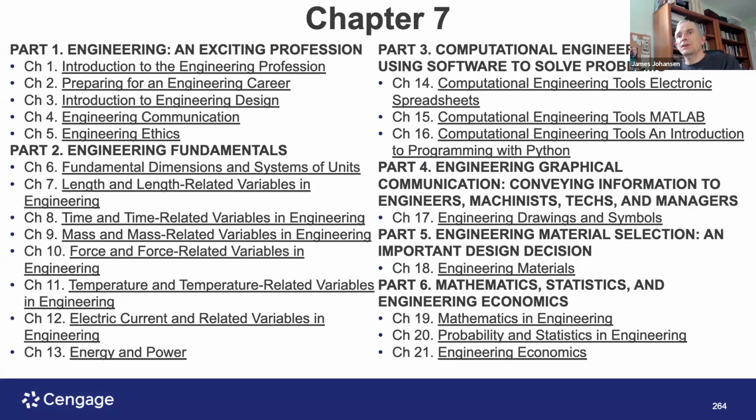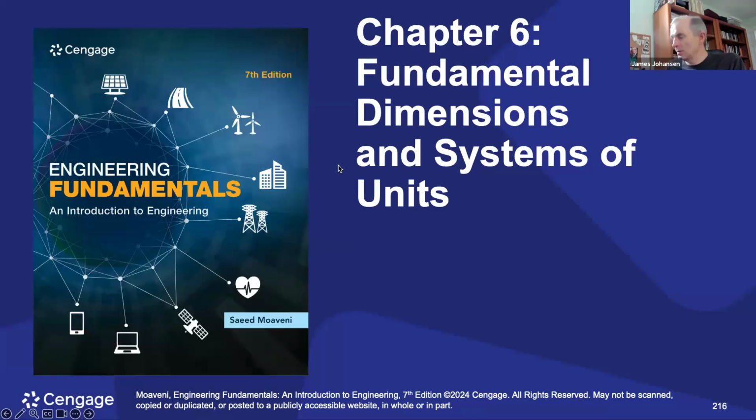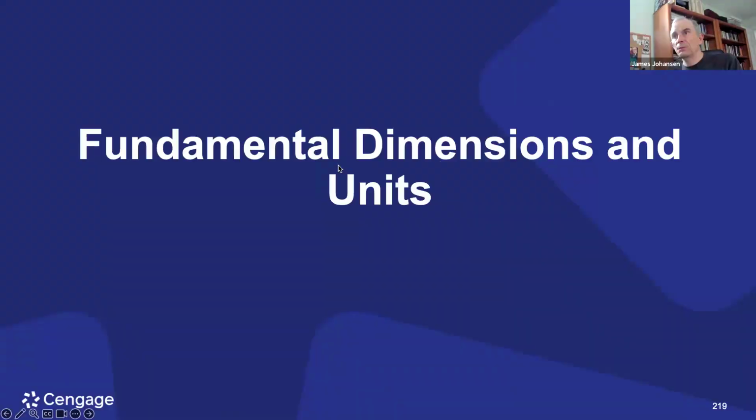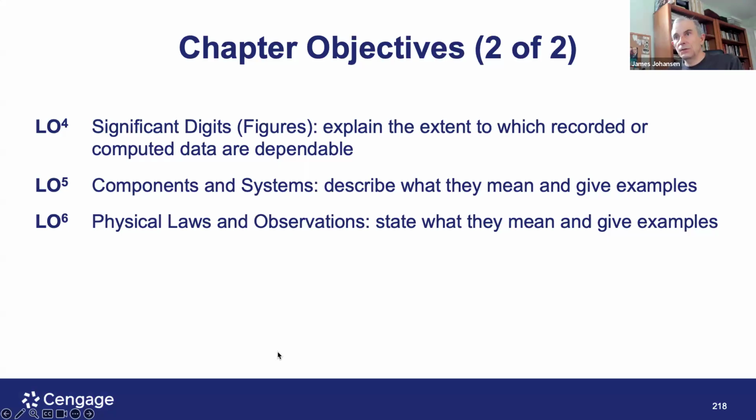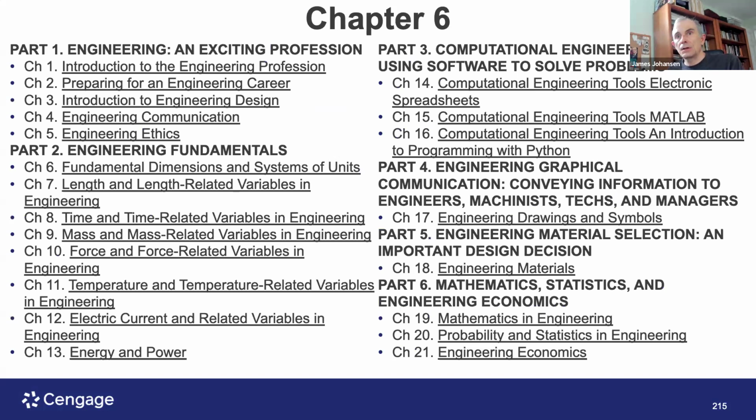Well, let's put this in the context of what we're going to be doing now. So we talked about the fundamental dimensions and systems of units. So we had a chance to be exposed to these: length, time, mass, temperature, electrical circuit, luminosity, amount of substance. And we're seeing that we're covering a lot of those topics as we go here.